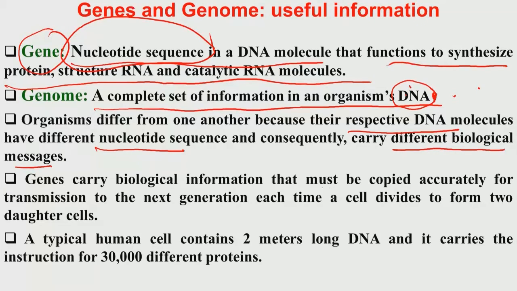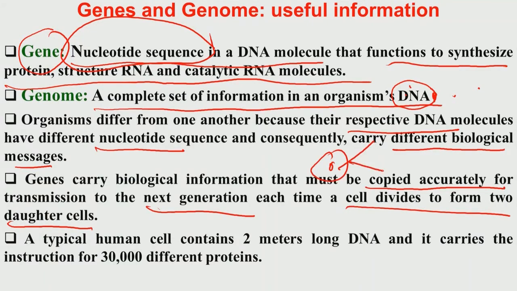And genes carry biological information that must be copied accurately for transmission to the next generation each time a cell divides to form two daughter cells. That means once a cell goes to two daughter cells, these genes from that mother cell are to be copied accurately to the daughter cells each time the cell divides.